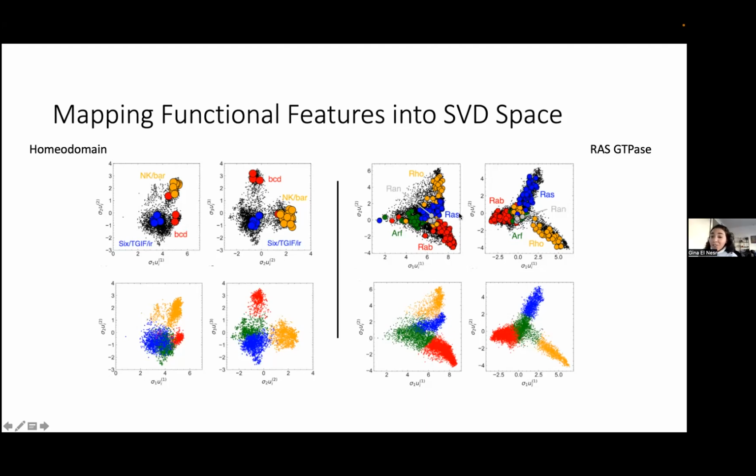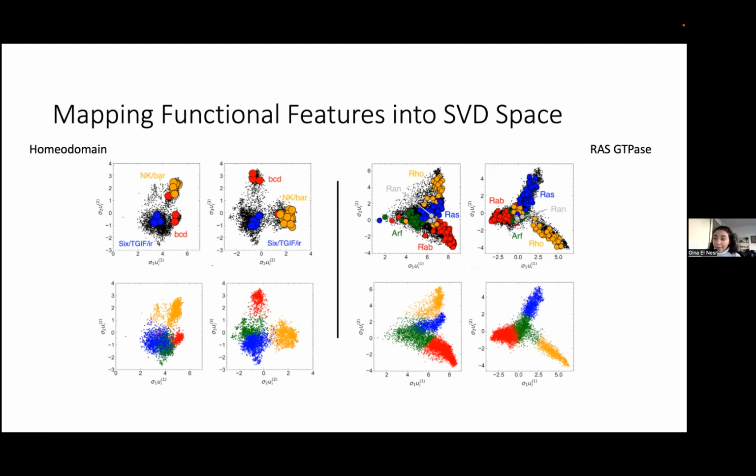With RAS GTPases, which I think a lot of you are familiar with, we see some stronger functional segregation patterns happening. If we do a classification scheme, this time relative to the subcellular processes that each of the GTPases is involved in, we can classify them into Rho, RAB, and RAS subfamilies and project those. So Rho is yellow, RAB is red, and RAS is blue.